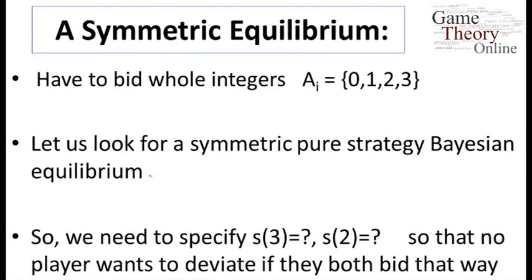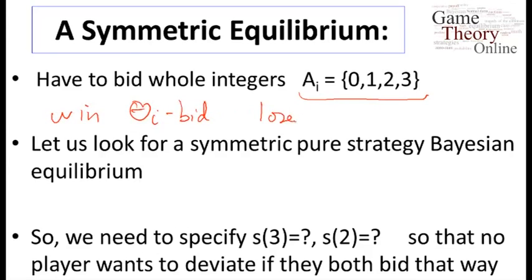Okay, so let's think of a game now. We've got a Bayesian game. We know what the types are. They're either 2 or 3 with equal probability. The players have to bid in whole integers. And in terms of specifying payoffs, it's quite simple. What's your payoff? It's how much you value the painting minus what you pay. So if you win the auction, you get theta i minus your bid.